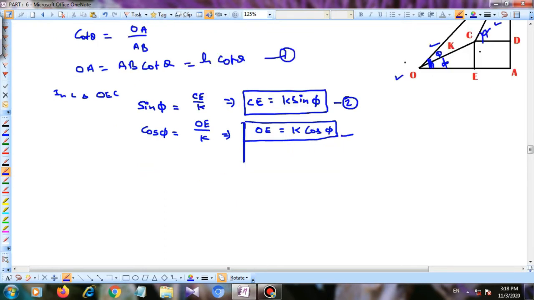Now this is the third equation. Here AE equal to OA minus OE, and OA is H cot theta, minus OE is K cos phi.